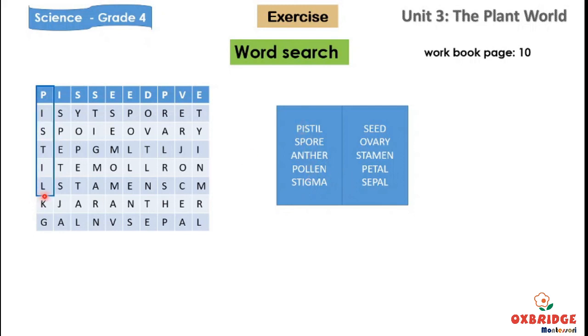You can see it in the blinking box. Number 2 is spore. You can see it in the second line horizontally. Number 3 is anther. You can see it here. The rest of the words you have to find on your own.